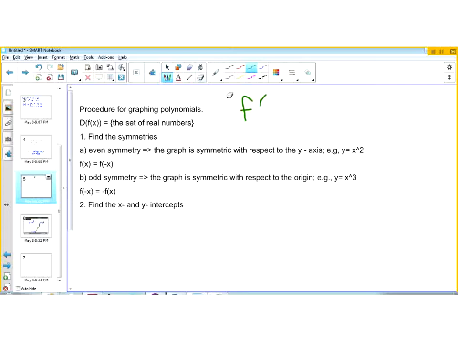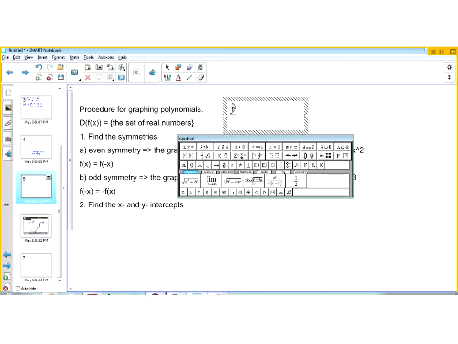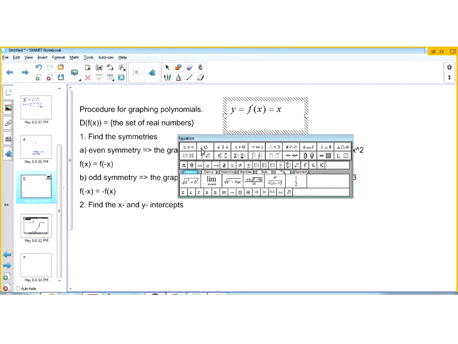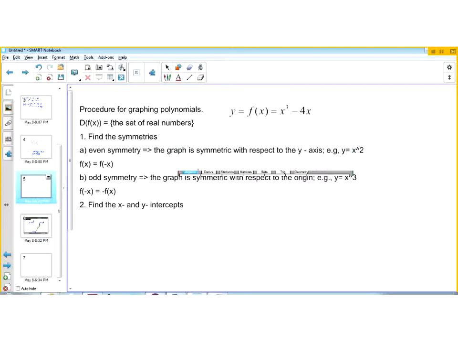Say we want to graph, well, let me go ahead and use the equation editor so it'll look cleaner, so I can copy it around. So y is equal to f of x, which is equal to x cubed minus 4x. Okay, so this will be the function we'll work with.